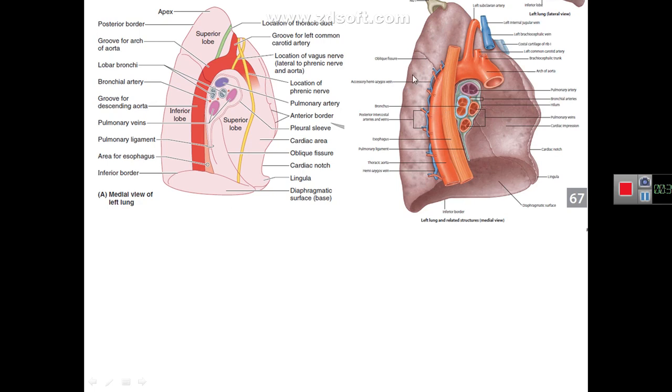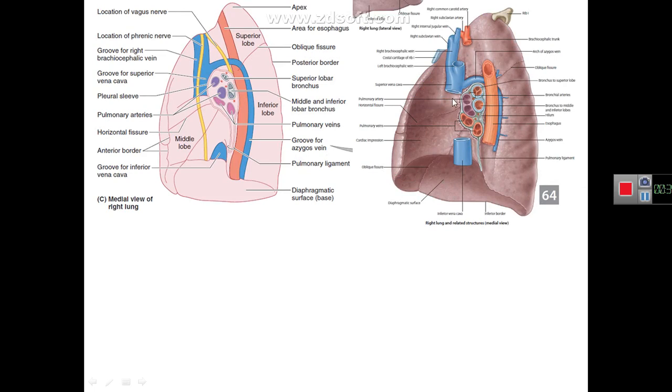You can see here the medial surface also with the structures related to the anterior part of the medial surface on the left side, and this is the mediastinal structures related to the anterior part of the medial surface of the right side.